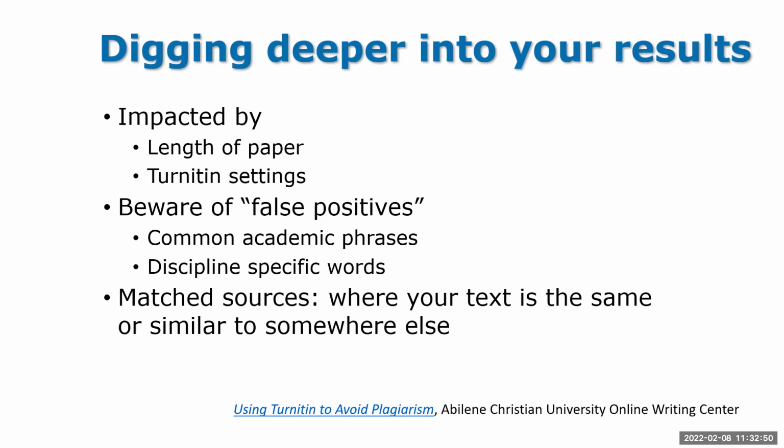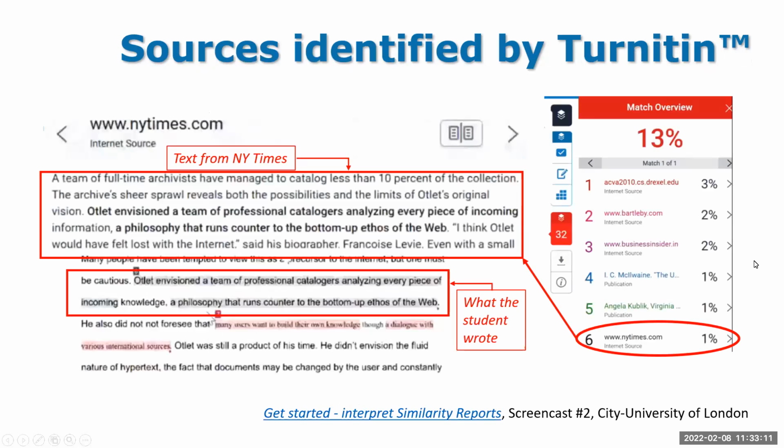So that's why you have to go back and look at each instance. And you're going to get a list of match sources in your report, and I'm going to show you what it looks like in just a minute, where your text is the same or similar to another place that they have found. They've matched it someplace. And this is what you're going to get. This is an example.